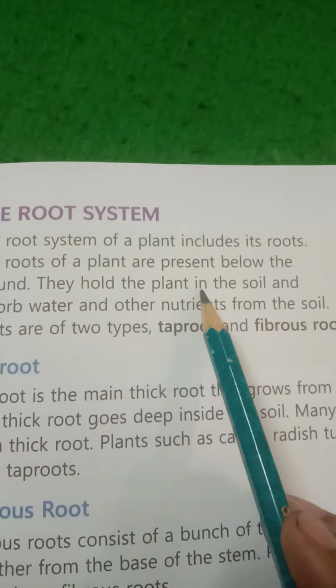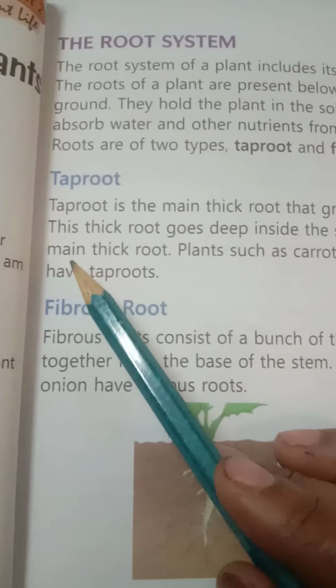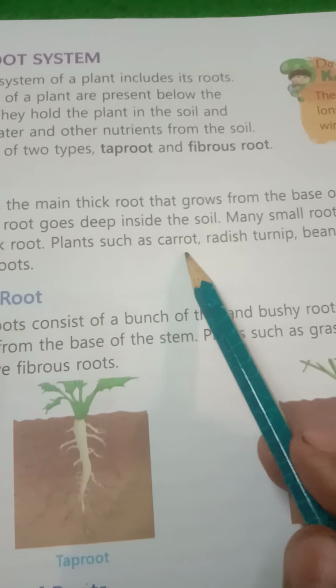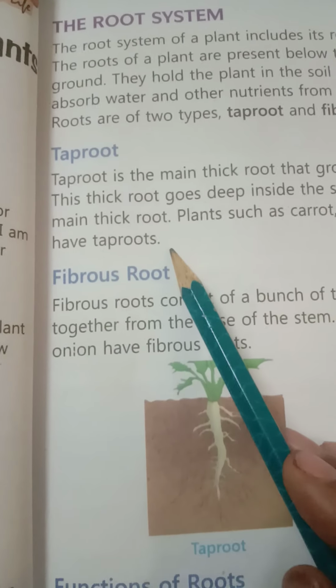Tap root is the main thick root that grows from the base of the stem. This thick root goes deep inside the soil. Many small roots grow from this main thick root. Plants such as carrot, radish, turnip, beans and mustard have tap roots.